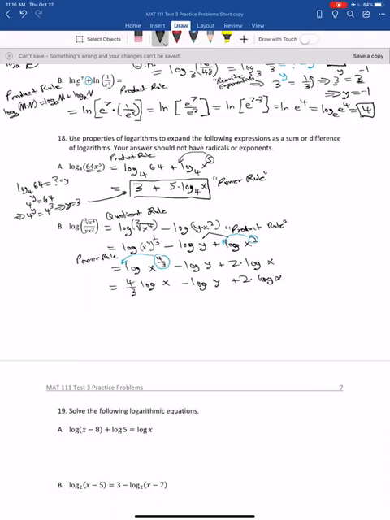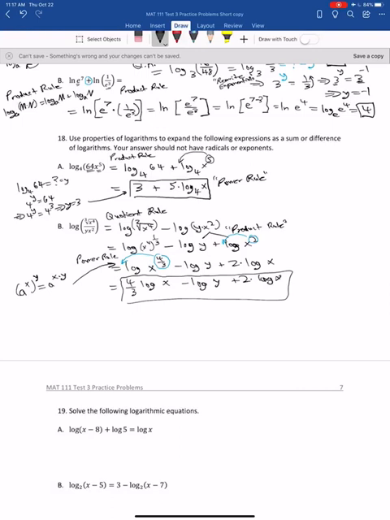It says you should not have any radicals or exponents in your final expression. So now we've taken care of that. Remember, power to a power, you multiply those exponents. Using my property of exponents, a to the x power raised to the y power is equal to a to the x times y power. So again, applying that right here.